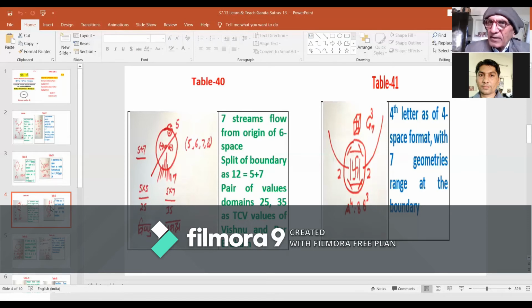Table 41 is giving a further focus on the fourth letter as 4 space format with solid boundary of 7 versions, 7 geometries range at the boundary.